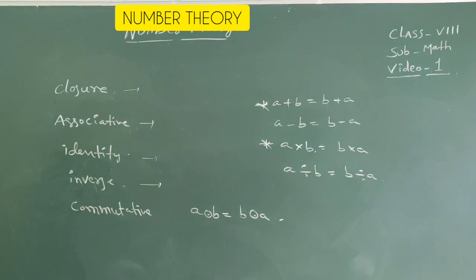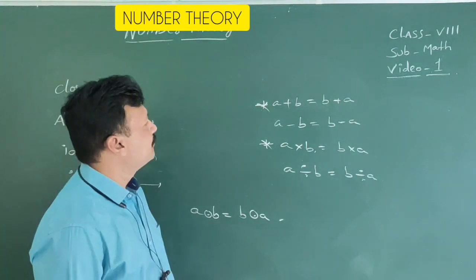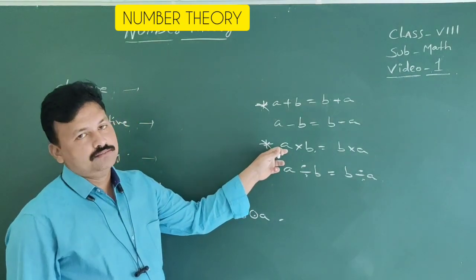The sum of two numbers in any order is the same result. In case of natural, whole, integer, rational, whatever the numbers may be, their sum is the same if you take them in any order. Product is also the same.